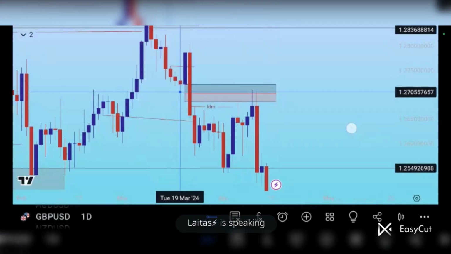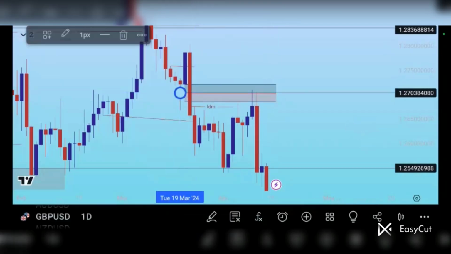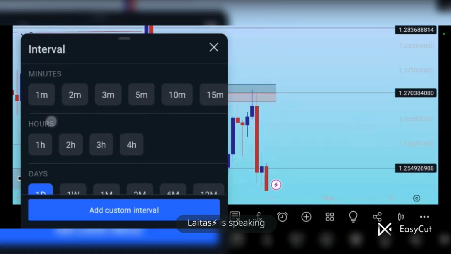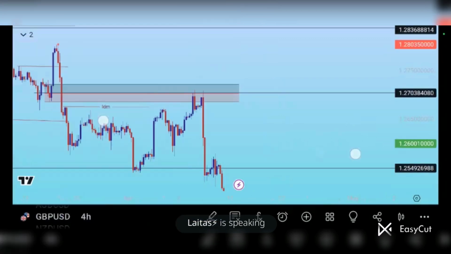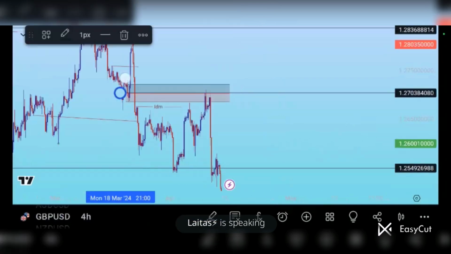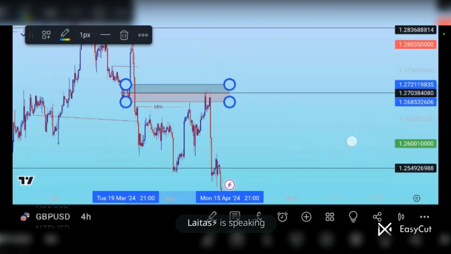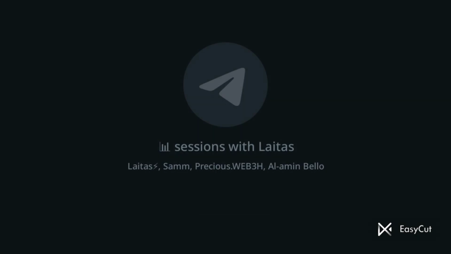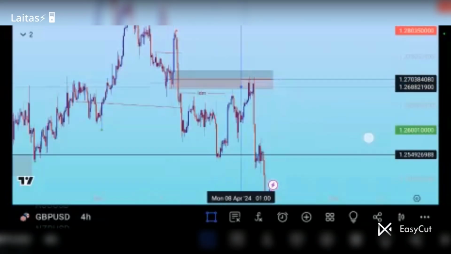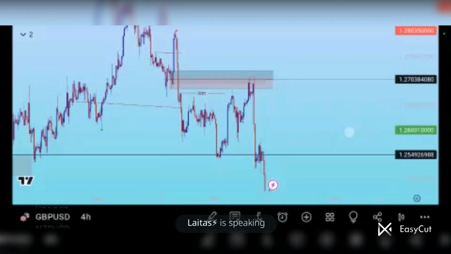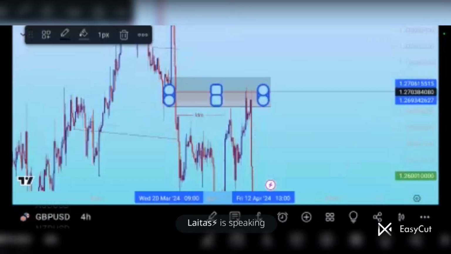So is this thing aligned with the H4 level? On H4, I see this breaker block. Breaker block on H4.